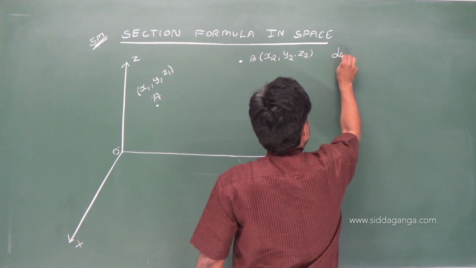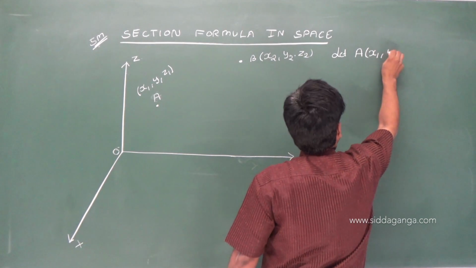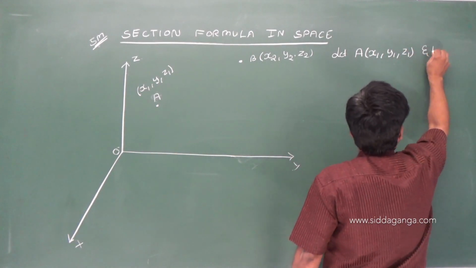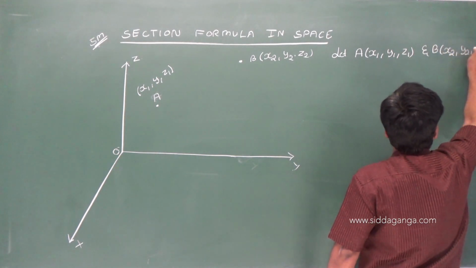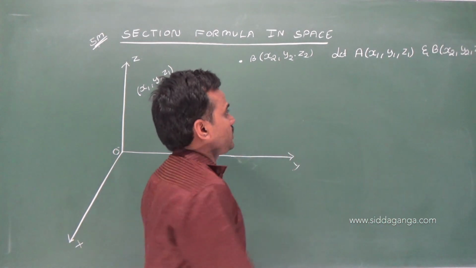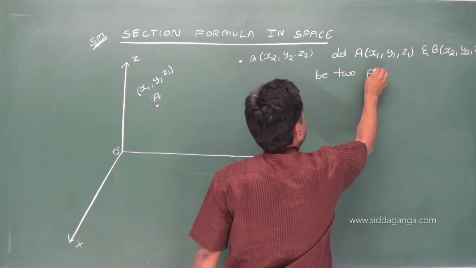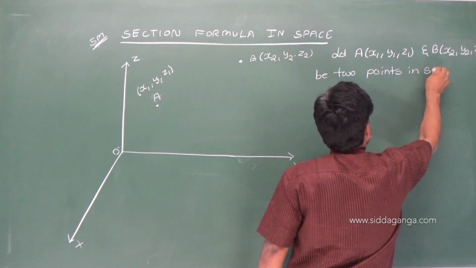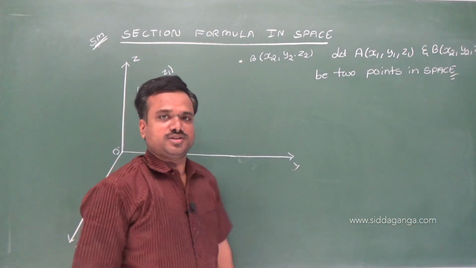Let A of x1 y1 z1 and B of x2 y2 z2 be 2 points in space.